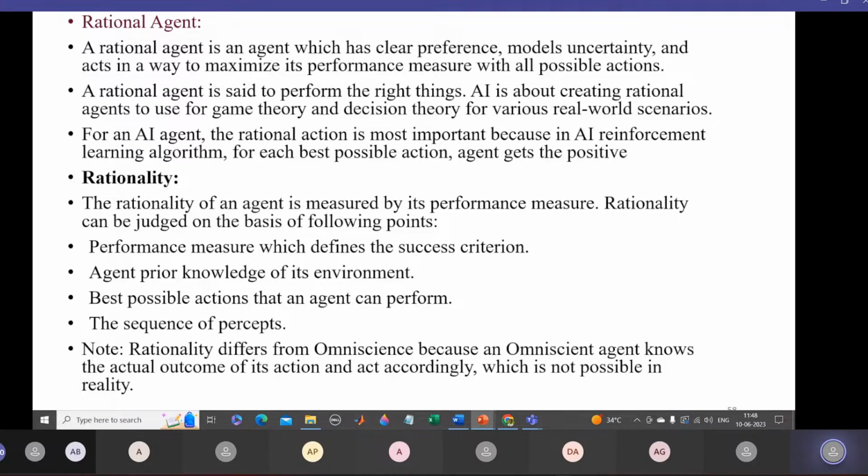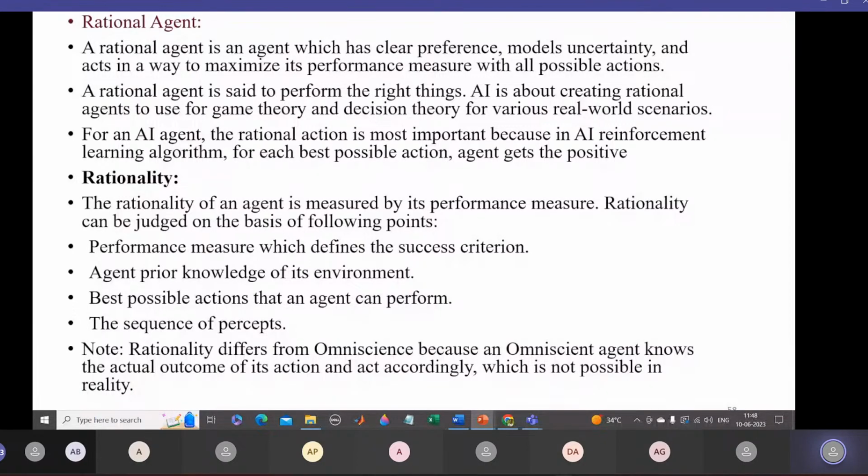AI is about creating rational agents for use in game theory and decision theory for various real world scenarios. When you work with real world scenarios, your work should be right. For an AI agent, the rational action is most important, because in any learning algorithm for the best possible action, the agent should get some positive things.